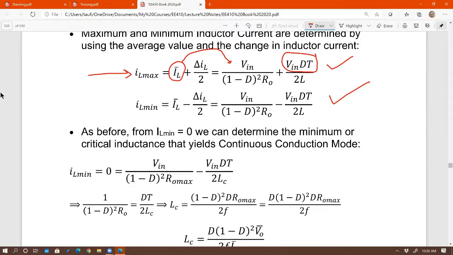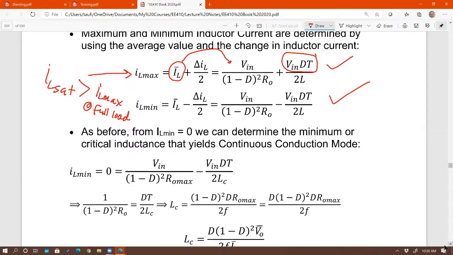IL max determines the saturation current rating of your inductor, or IL sat. So that's something that you need to know. Make sure that IL sat of the inductor that you're buying will be larger than IL max at full load, of course. Remember that IL is always changing depending on I out. So make sure that IL sat is larger than IL max at full load condition.